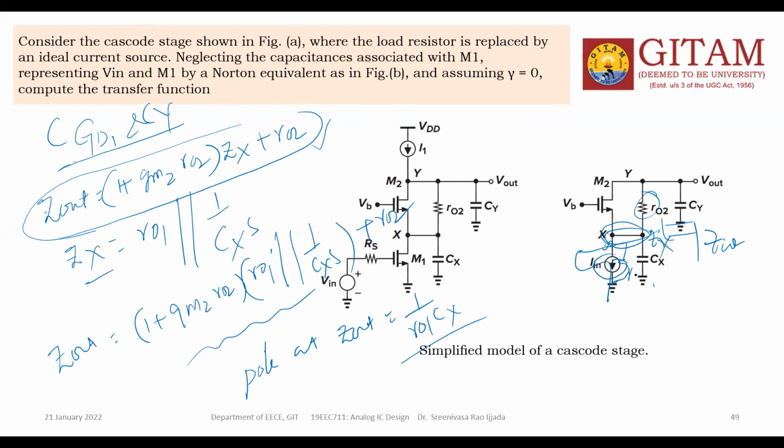Across M1 there is R01, and R01 and Cx are both in parallel. If you substitute this Zx value, your Zout has one pole, at 1 by R01 into Cx.